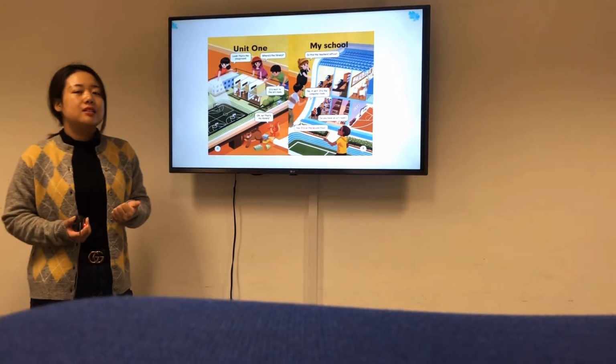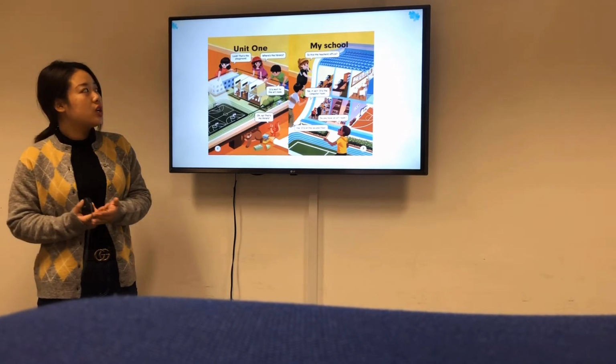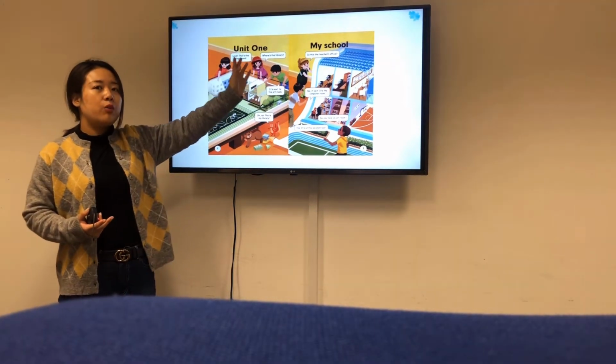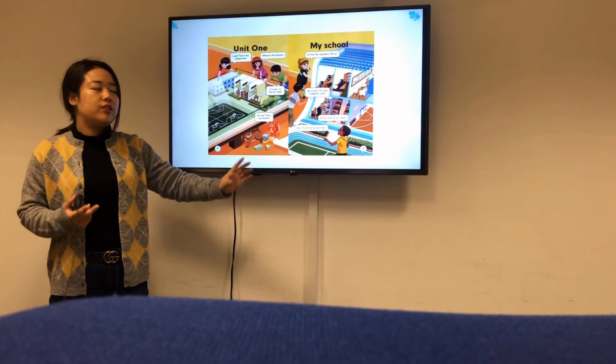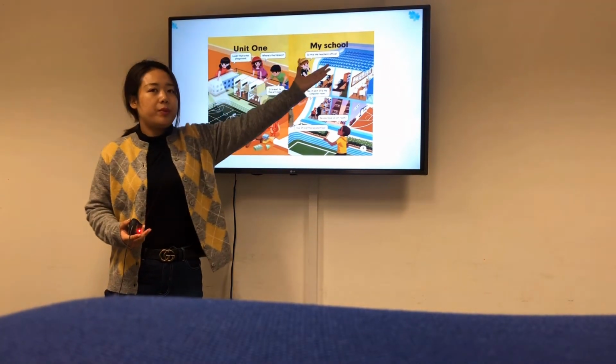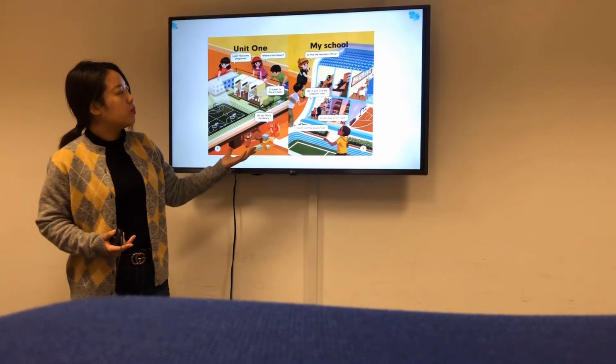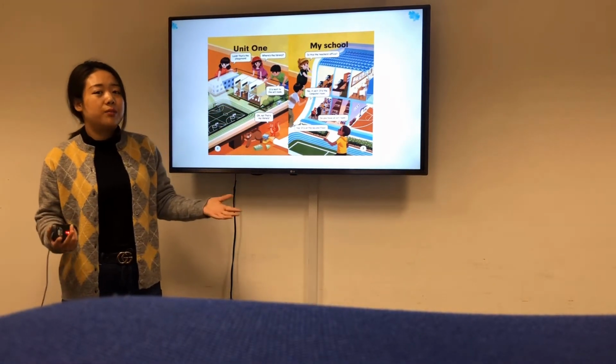So this is the words, sentences, and the material the teacher will teach in just one unit. I will show some pictures of this unit. So first you can see this is unit 1 and the topic and some pictures, some characters and animals, they are saying something, right?